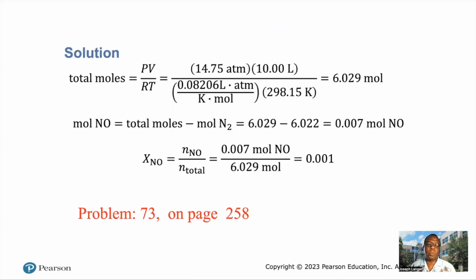So at the outset, you need to change the temperature to Kelvin. And from here, these are the total number of moles.